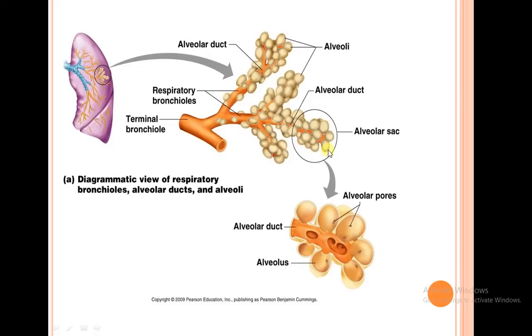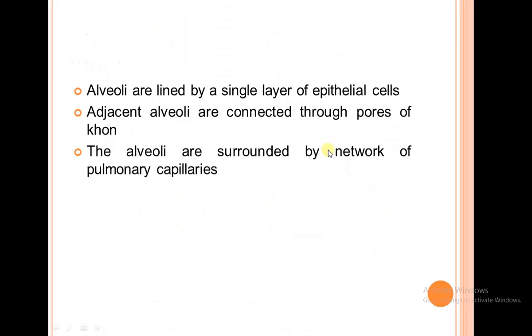The epithelial cells are of two types: type 1 alveolar epithelial cells and type 2 alveolar epithelial cells.